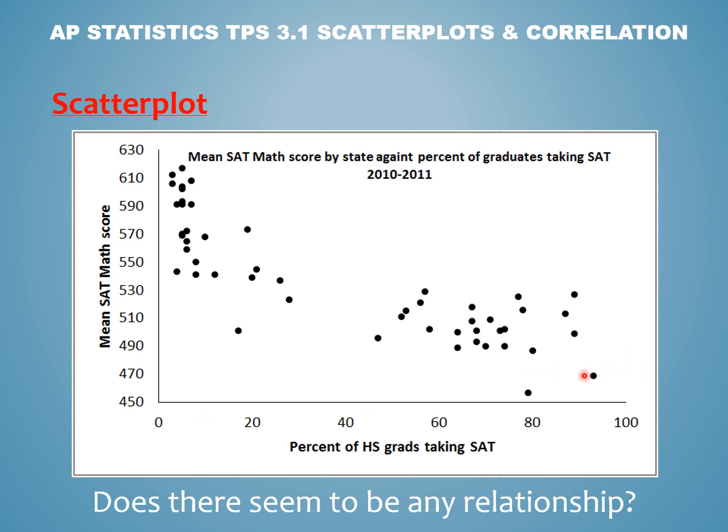Whereas up in this region, a very high percentage, over 90% of the people took the SAT, but the average score was something like a 470, which is low. So there appears to be a negative relationship here. As the percentage of students who take it goes up, the mean SAT math score goes down.